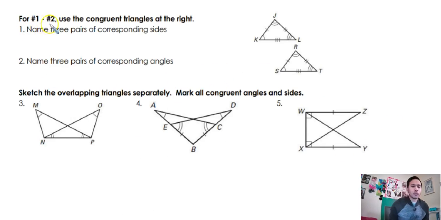So for example 1 and number 2, use the congruent triangles at the right here. Name the 3 pairs of corresponding sides. As you can see here, we are basing the congruency on that. So segment JK and segment RS.